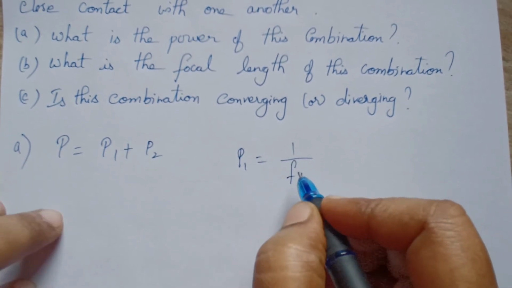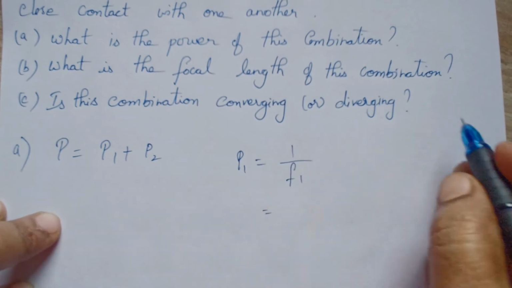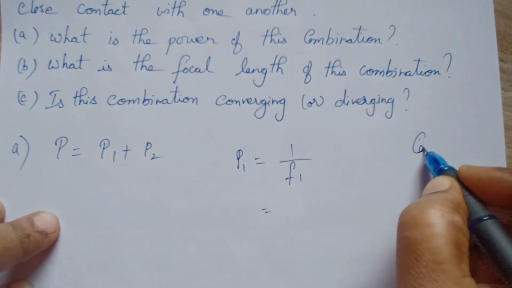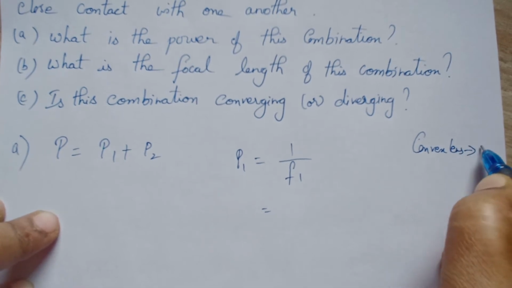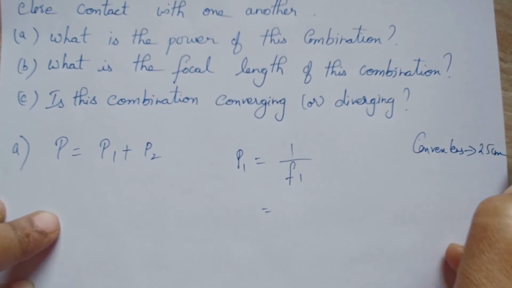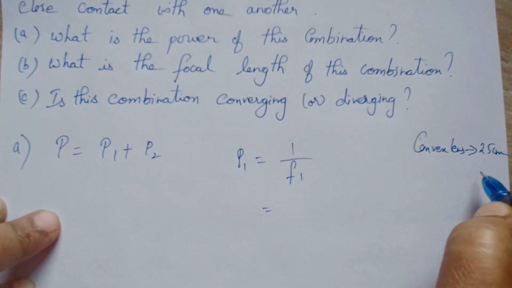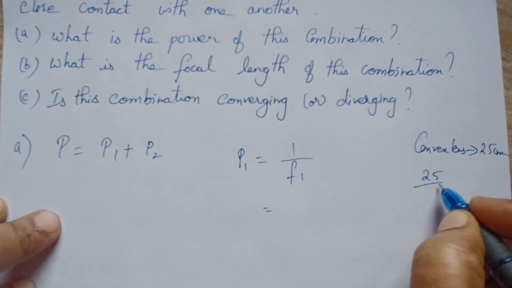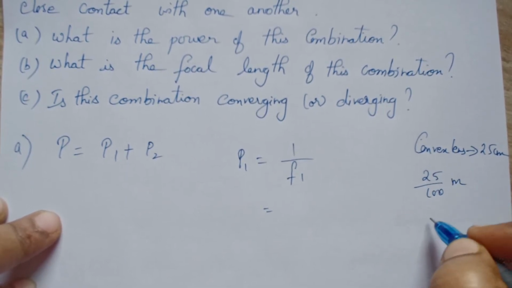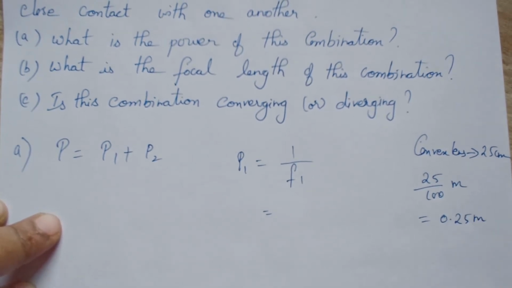For the first lens, the convex lens, focal length is 25 centimeter. Here itself you should convert the centimeter into meters. That means 25 by 100 meters, that is equal to 0.25 meters, right?